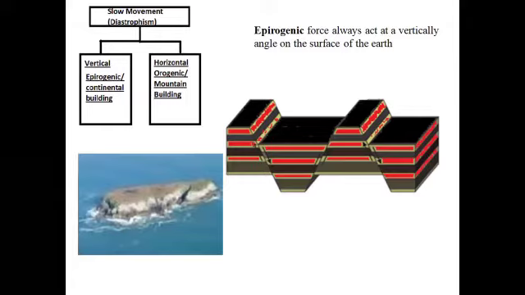Now, this diastrophism has been divided into two groups. As I told you earlier, they are epirogenic forces and orogenic forces. Epirogenic forces can also be called vertical forces, whereas orogenic forces can also be called horizontal forces. Epirogenic forces always act in a vertical direction.